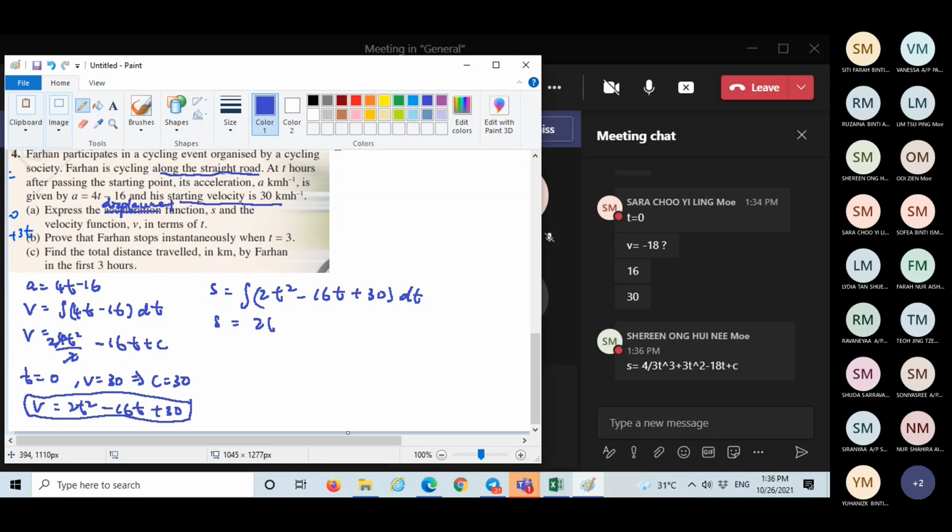So this is 2, then this is 3 over 3. Why is it 4 over 3? It should be 2 over 3. Did I make a mistake again? Or did you read this as 4? This one cancels already. This one should be 2. And then this one over 2, cut, negative 8.